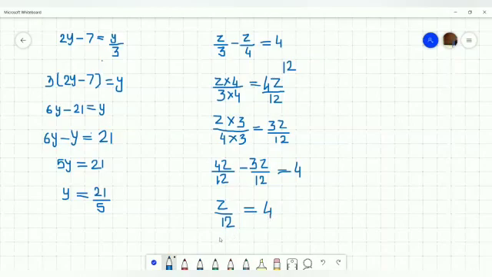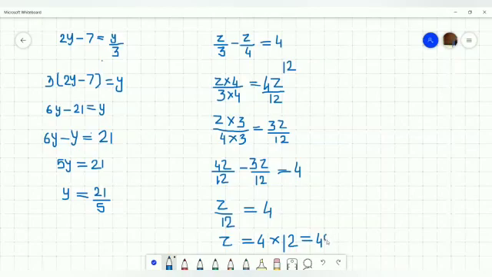So now value of Z we will get is equal to 4 into 12, 12 fours are 48.